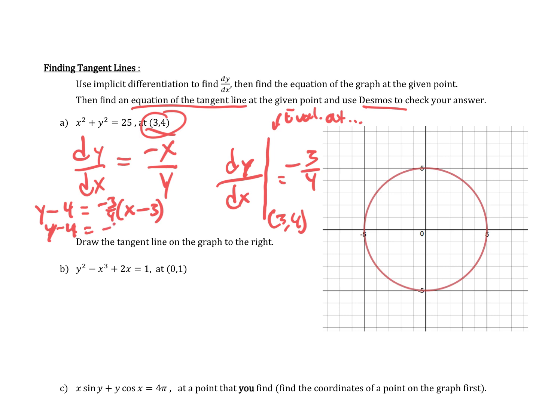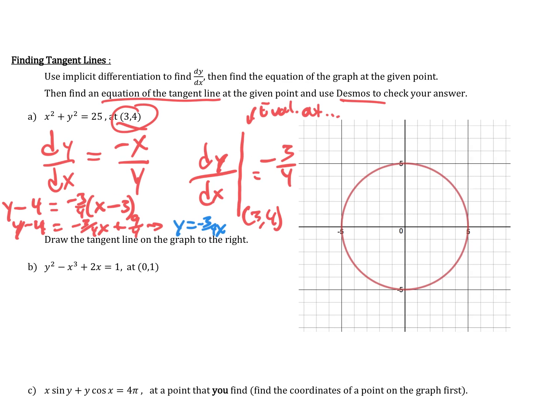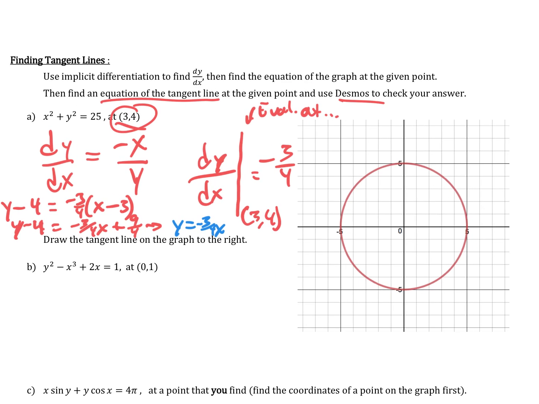If we distribute negative 3/4, we get negative 3/4 x, and this is going to be 9/4. Add 4 to both sides, and y equals negative 3/4 x, and if we add 4, which is 16/4, that'll be 25/4 plus 25/4.